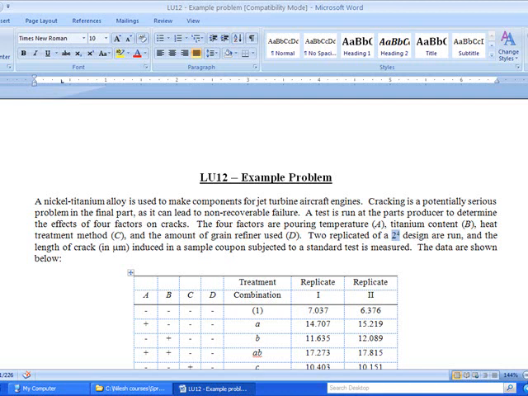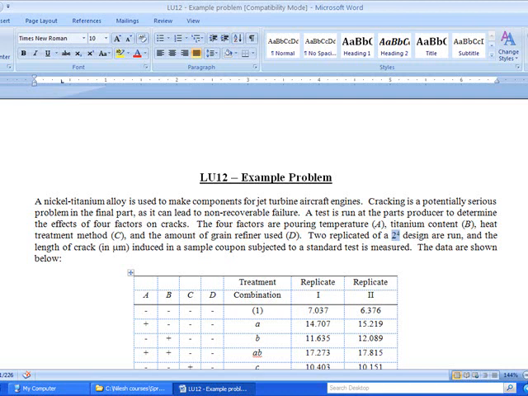If in an experiment we have 2 factors, pressure and temperature, and we are using only 2 levels of pressure, say we run the experiment at 10 and 20 units of pressure, these are the only 2 levels we are using for pressure.